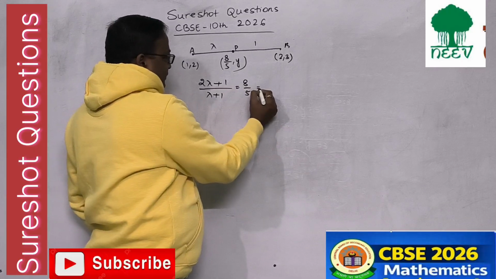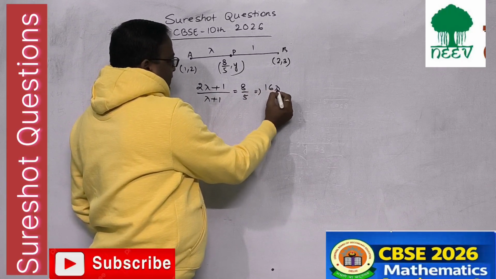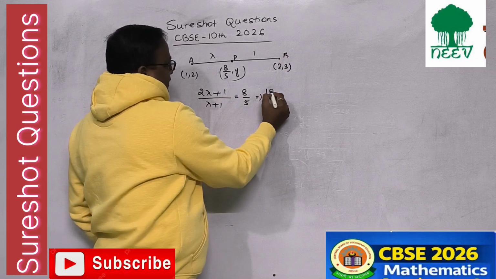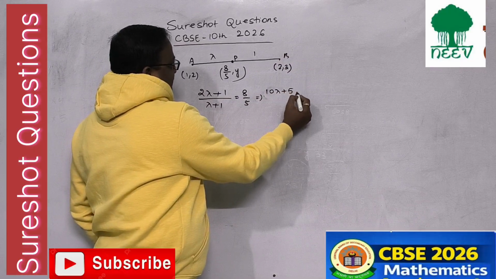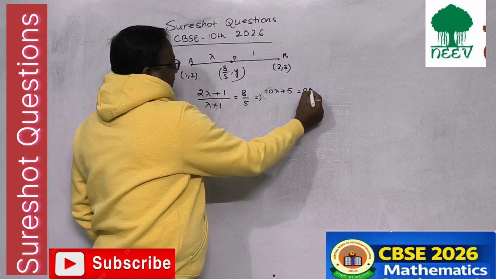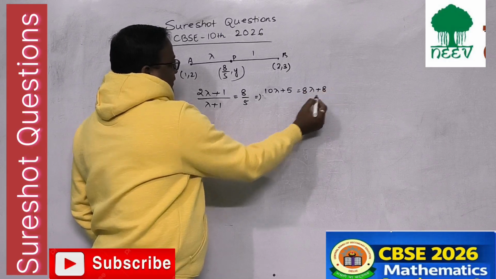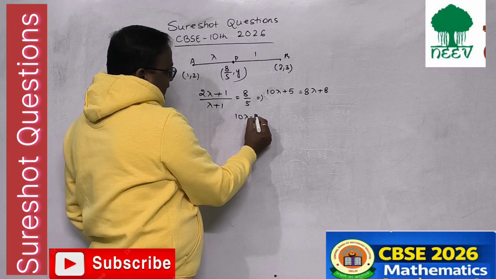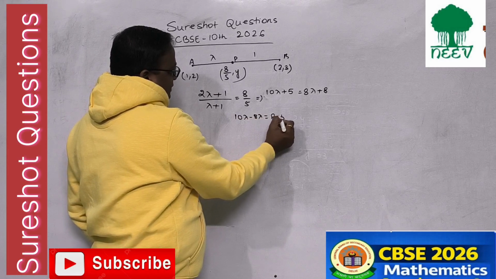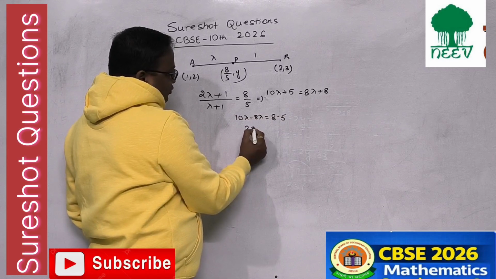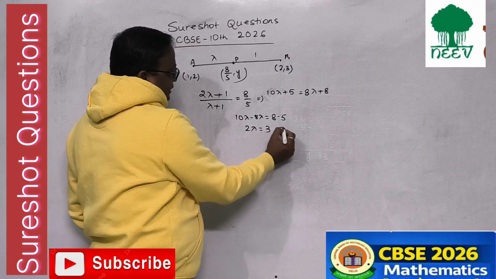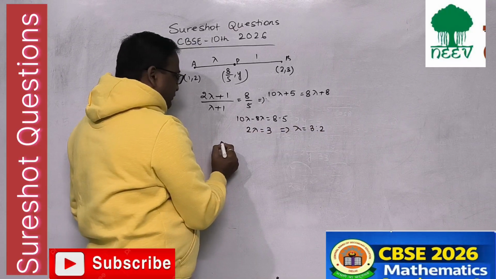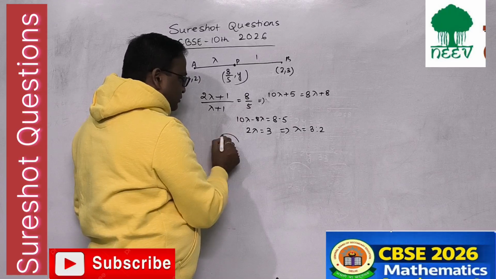So we'll get 10 lambda plus 5 is equal to 8 lambda plus 8. So this will become 10 lambda minus 8 lambda is 8 minus 5. So 2 lambda is equal to 3. This implies lambda is 3 is to 2. So the ratio in which it divides is 3 is to 2.